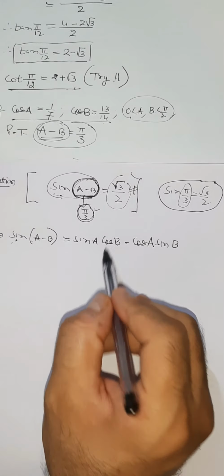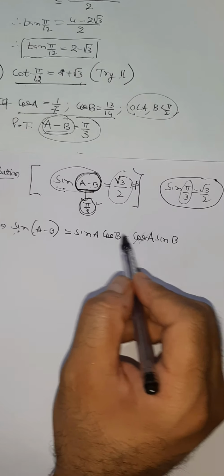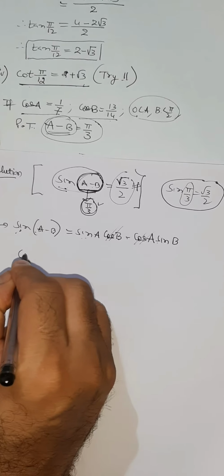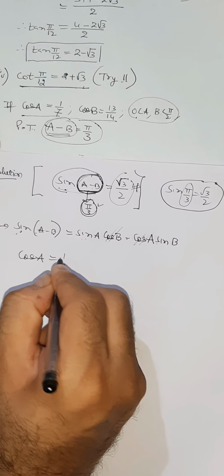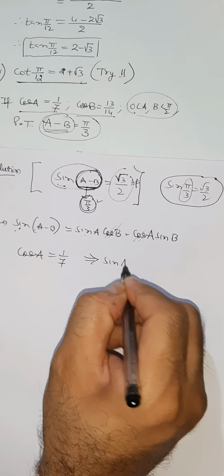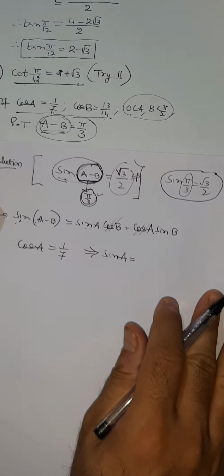Okay. Now these two values you have, cos A and cos B. We don't have the sines, so we need to find them. Cos A equals 1 by 7, so we'll get the sine A here. How do we get this?